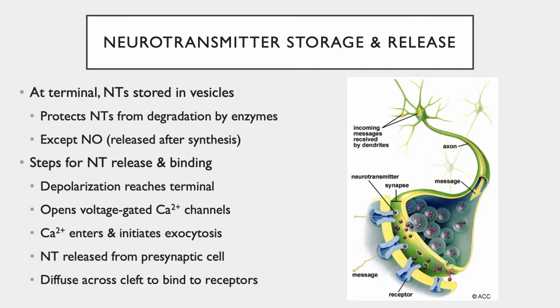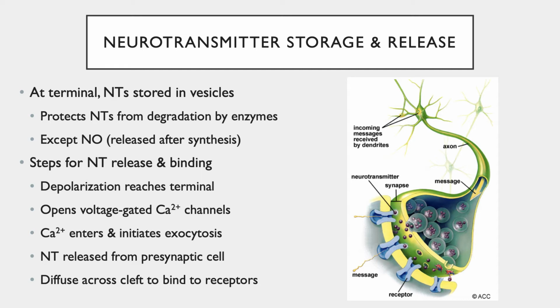So how are neurotransmitters stored and released? At the terminal button, neurotransmitters are generally stored in what are known as vesicles. I think of vesicles as looking like little bobas from boba tea, little kind of gelatin globs. An exception to this is nitric oxide, which is released as soon as it's synthesized, because as a gas, it can't be contained within the synaptic vesicle.